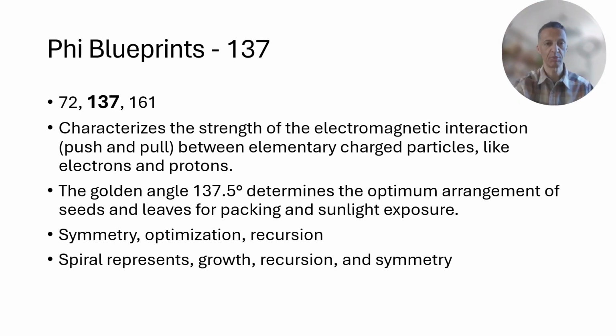The second Phi blueprint, 137, has meaning in different aspects of our culture. In physics, it characterizes the strength of the electromagnetic push and pull between elementary charged particles, like electrons and protons.